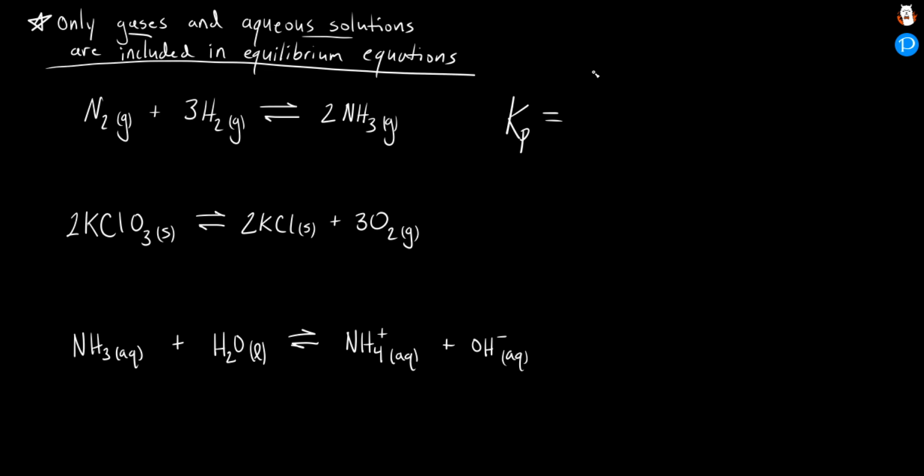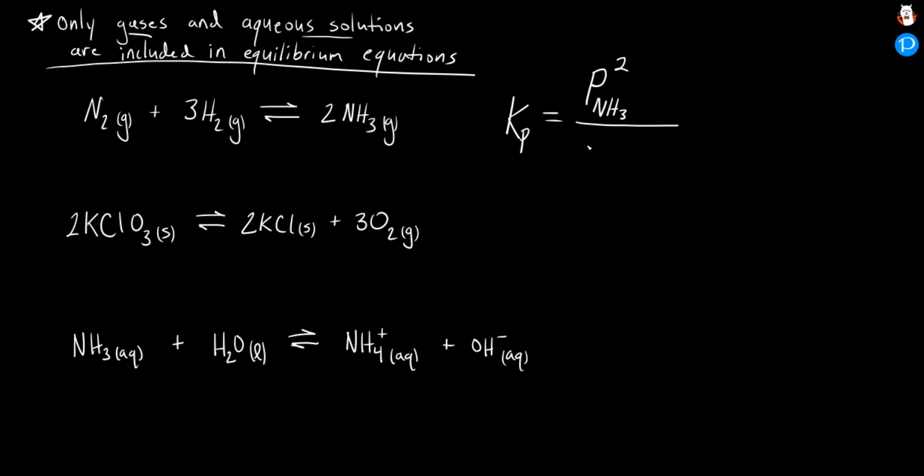The way I'm going to write this is instead of putting it in brackets, we're going to write a capital P, and then NH3, saying the partial pressure of NH3, or the pressure of NH3 gas is what we mean. And then we're going to raise it to the power of whatever coefficient I've got, which is 2 in this case. So it's going to be the pressure of NH3 squared on top over my reactants.